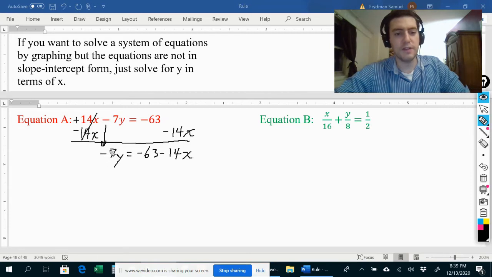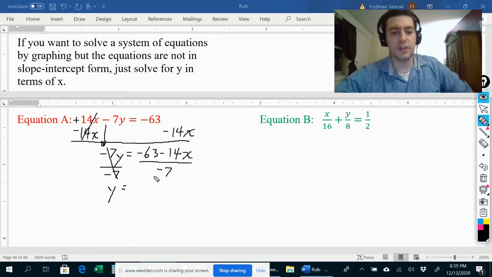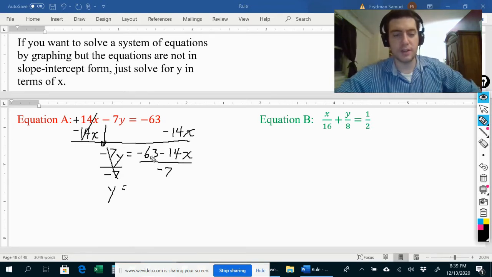So that means it's negative 7 times y. That's multiplication. The inverse of multiplication is division. So let's divide both sides by negative 7. And remember, if we're doing division, we have to do it to every single term. So not just the negative 63, but also this minus 14x over here.